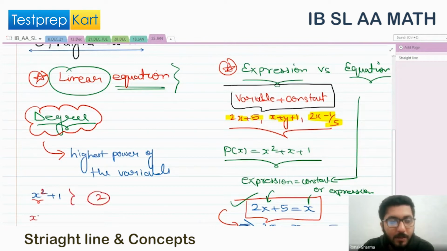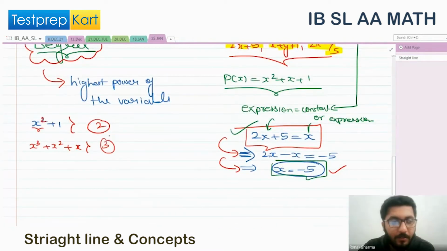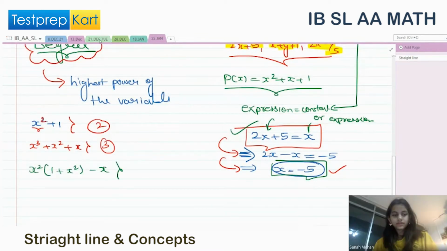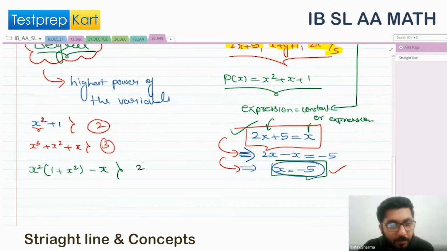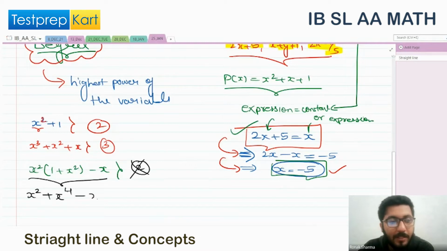If I give you x cube plus x square plus x, what is the degree here? 3. Good. If I ask you x square times 1 plus x square minus x, what is the degree? X squared. No, you need to simplify it. Why? Because if you simplify this, you'll have x square plus x power 4 minus x. So you can see that the degree is actually 4. Got it?